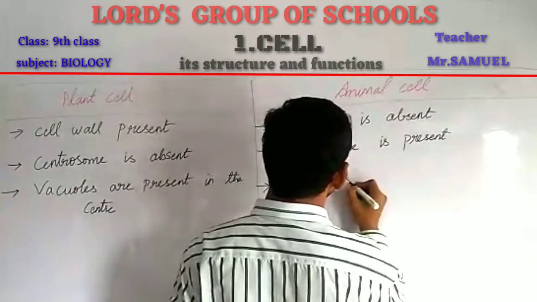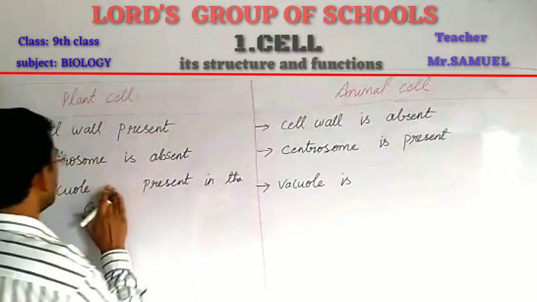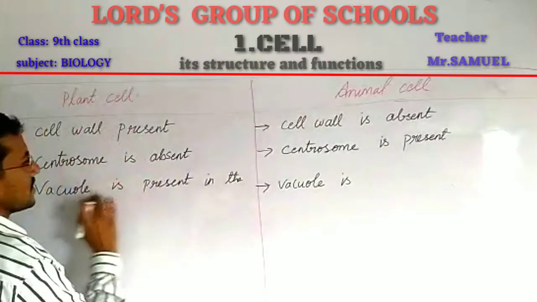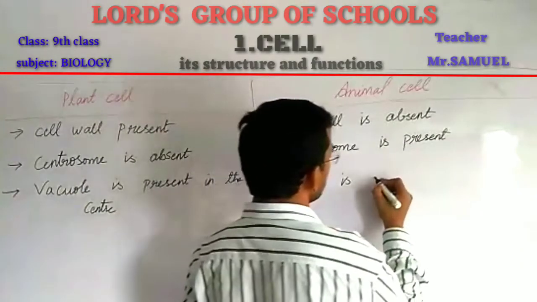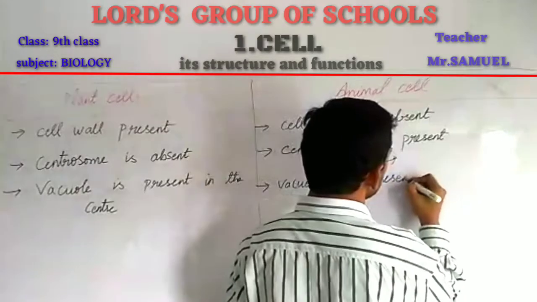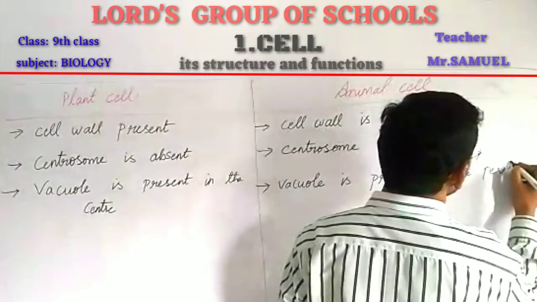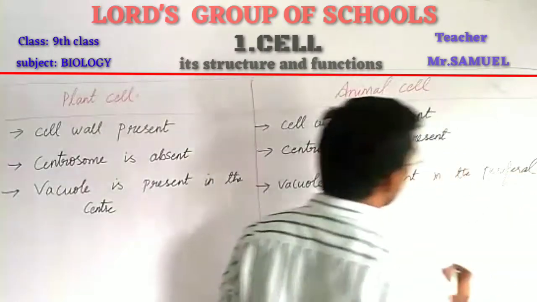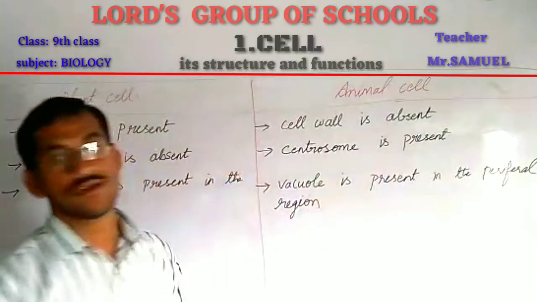Vacuole is present in the center of the cell. Vacuole is present in the peripheral region of the cell.